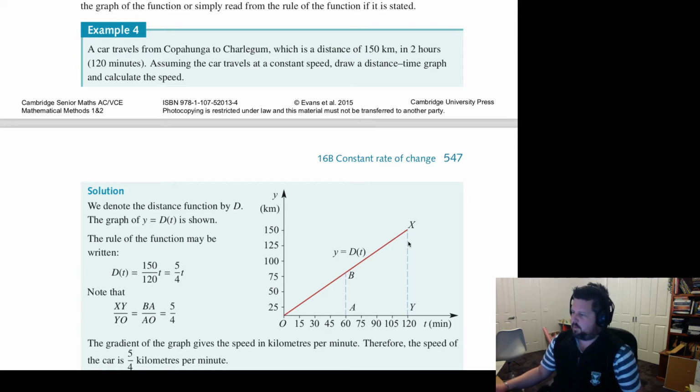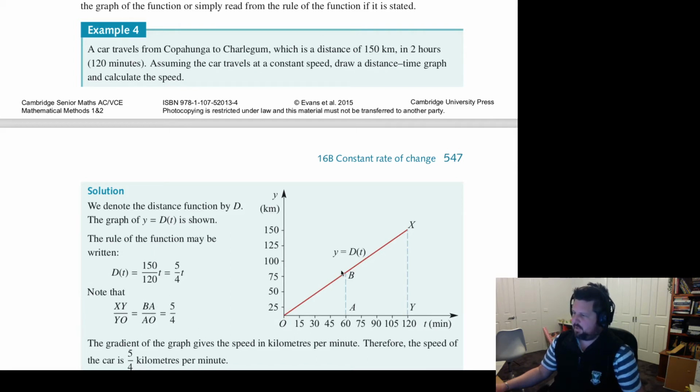So the equation for this straight line would be 5 over 4 t. The ratio between each of these sides is 5 over 4.